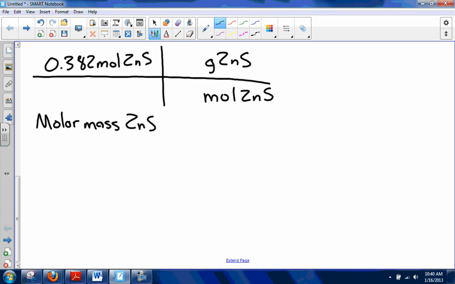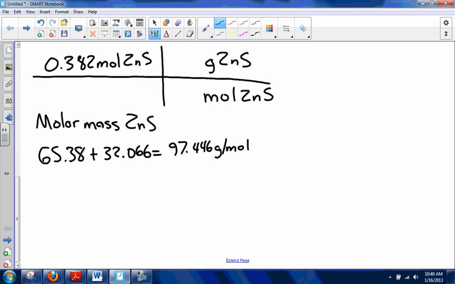So I use the mass of zinc, which again was 65.38, plus the mass of sulfur, which is 32.066. And what do I get? 97.446 grams per mole. Touching the grams, so I'm going to put it on the grams.